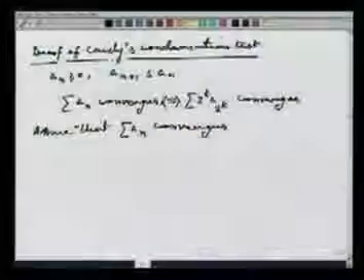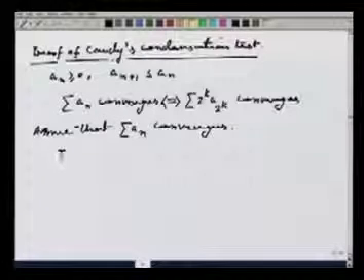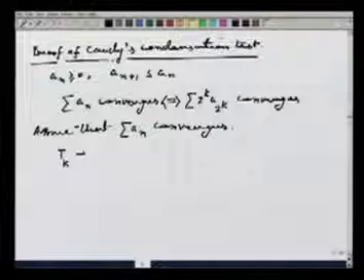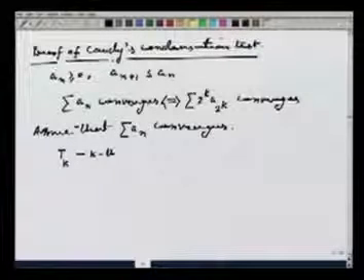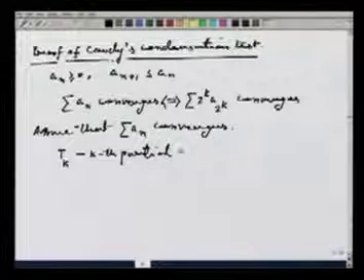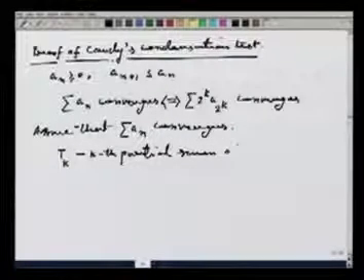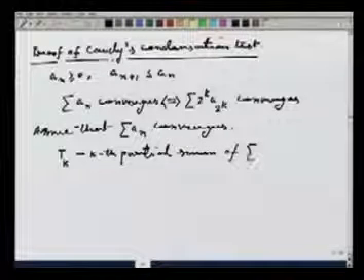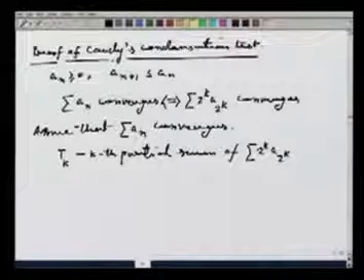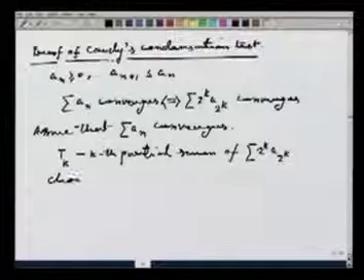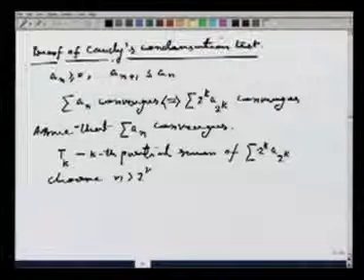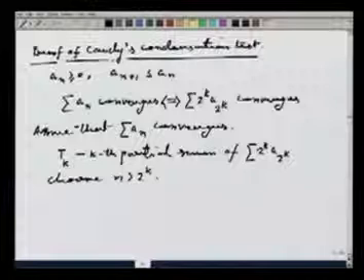So first let us look at the partial sum, let us say t k, this is the kth partial sum of the series, and choose some n which is bigger than 2 to the power k. That I can always do given any k.